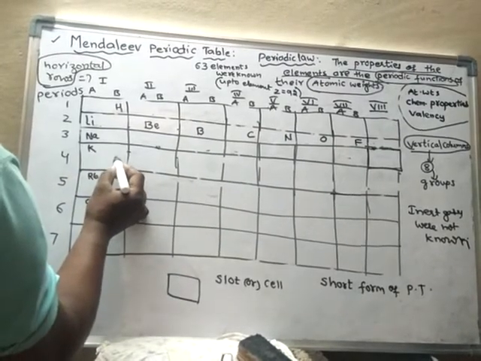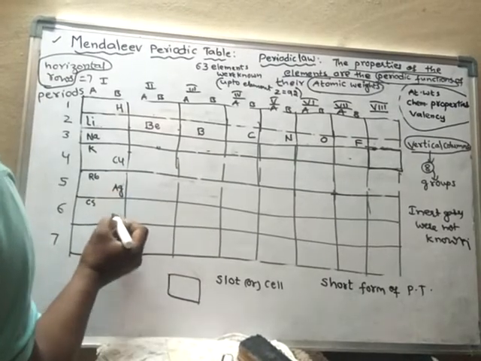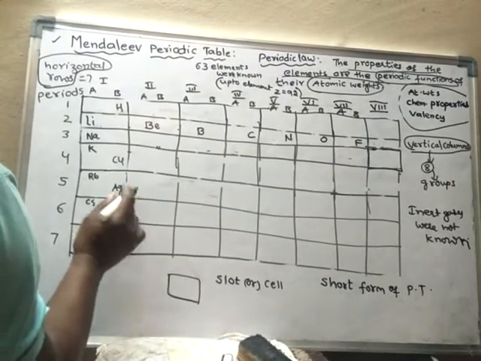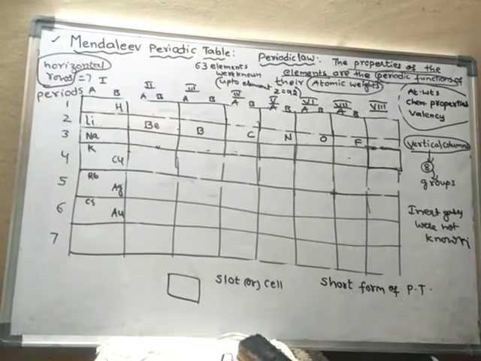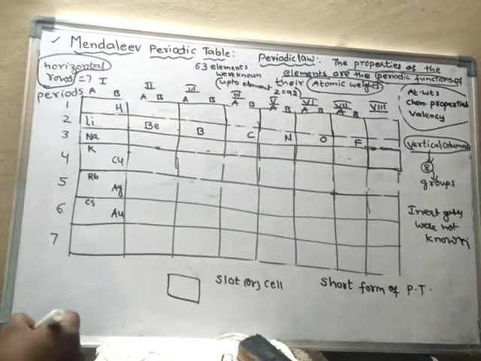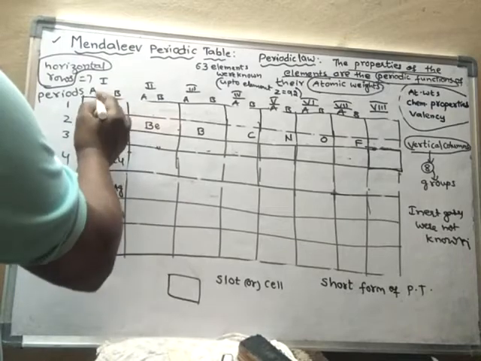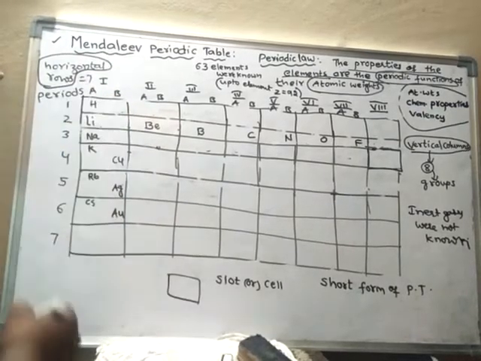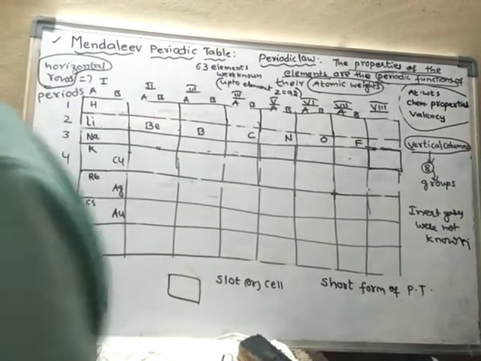So actually it should be copper, silver and gold. Copper, silver and gold, like this.